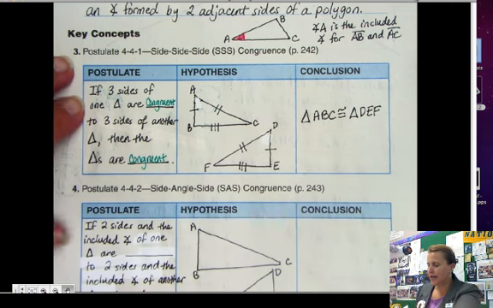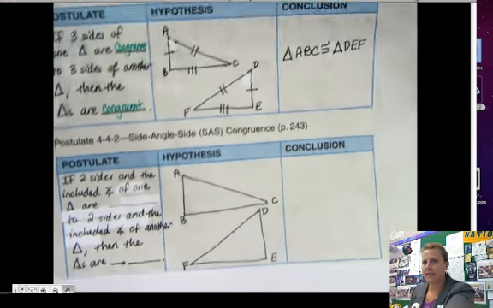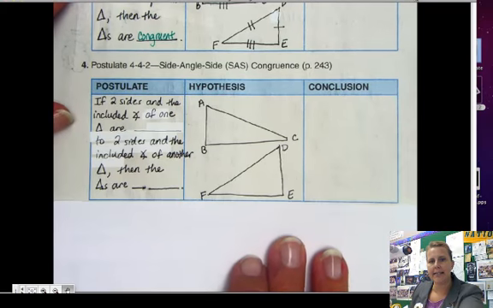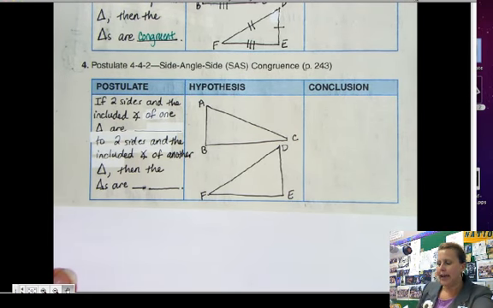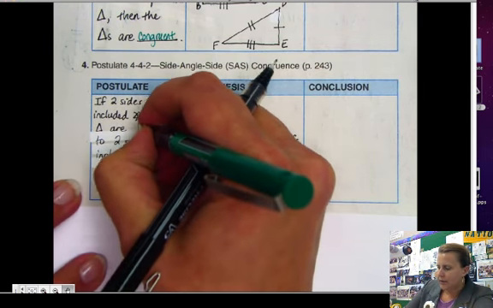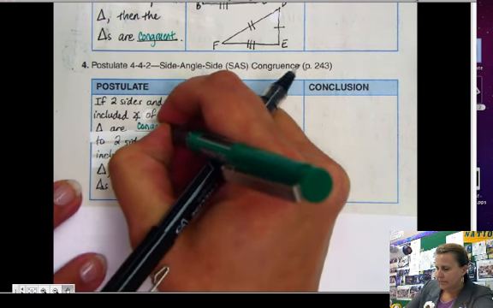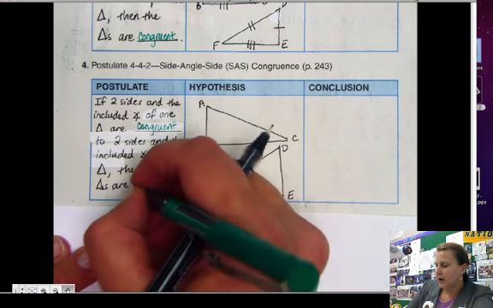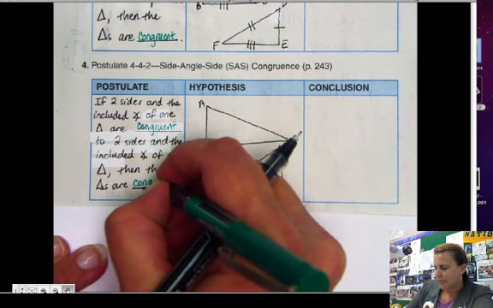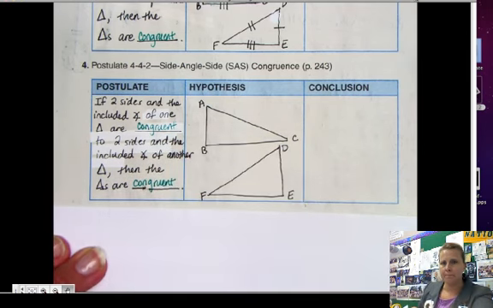The other shortcut you're learning today is SAS, and it says that if two sides and the included angle of one triangle are congruent to two sides and the included angle of another triangle, then the triangles are congruent to each other.